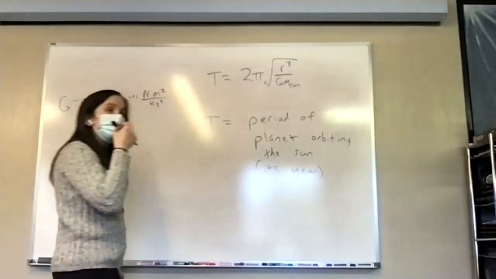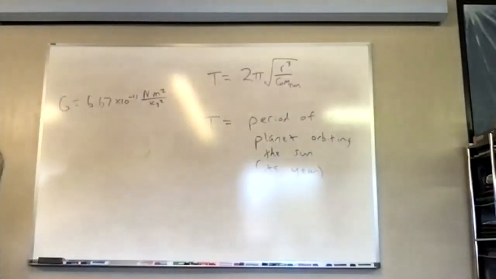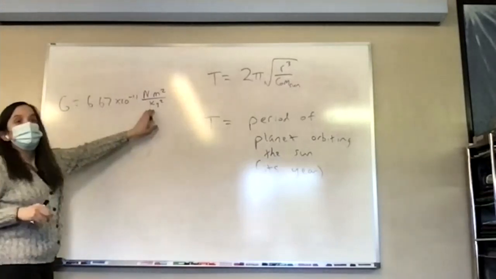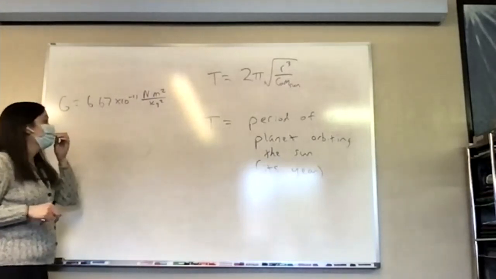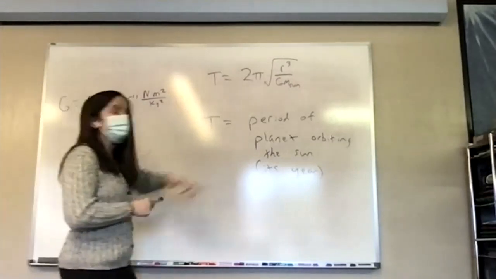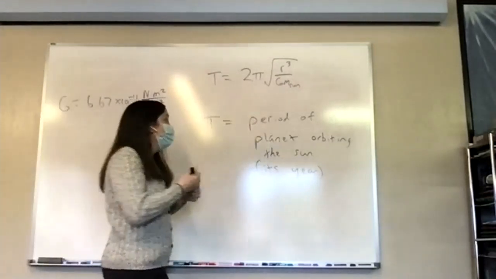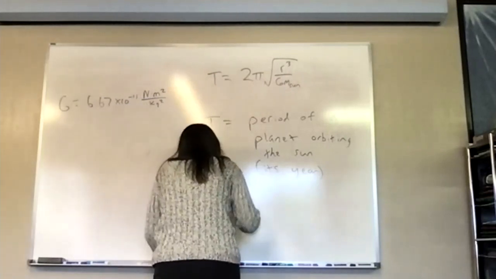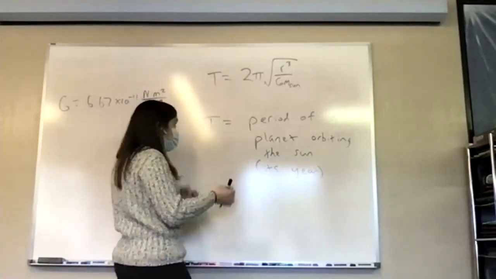Oh no, this is just the units of this. Those are the units of the constant. And then 2 and pi are constants. R is the distance between the planet center and the sun center.